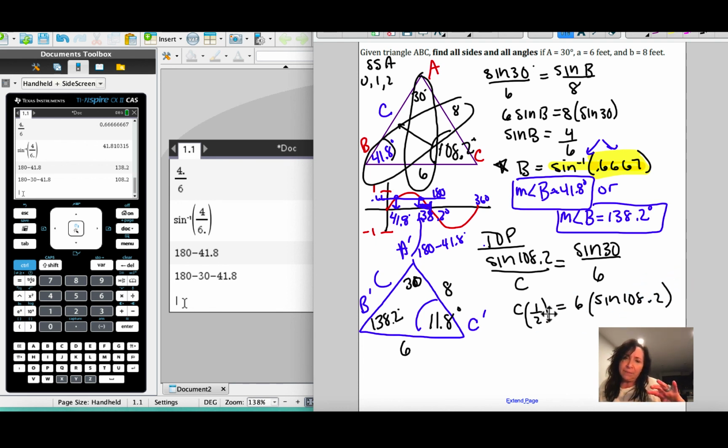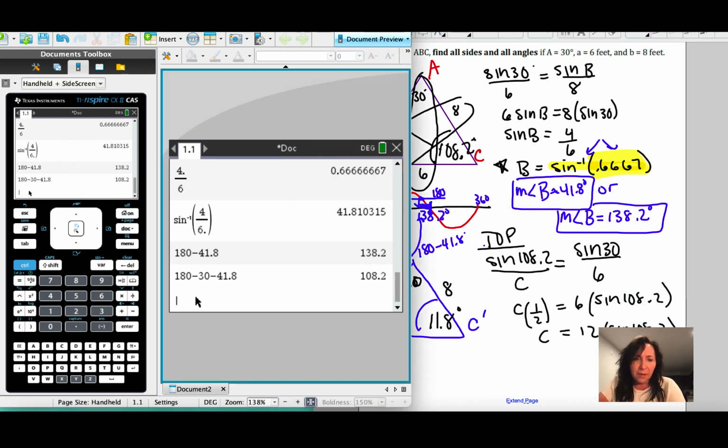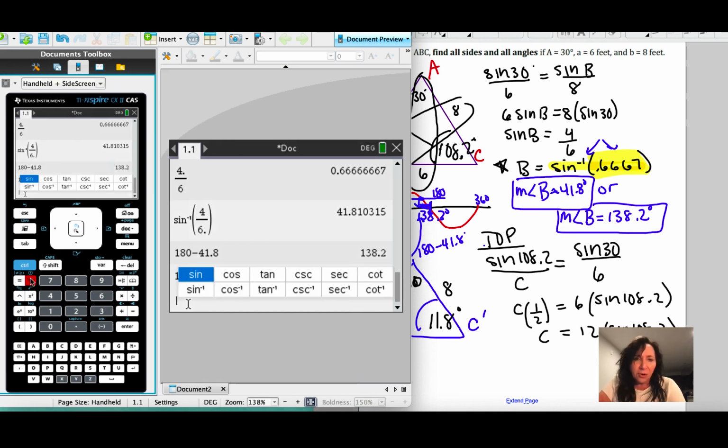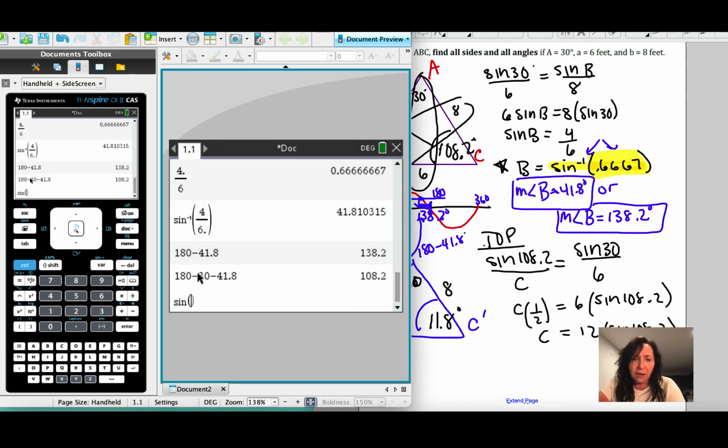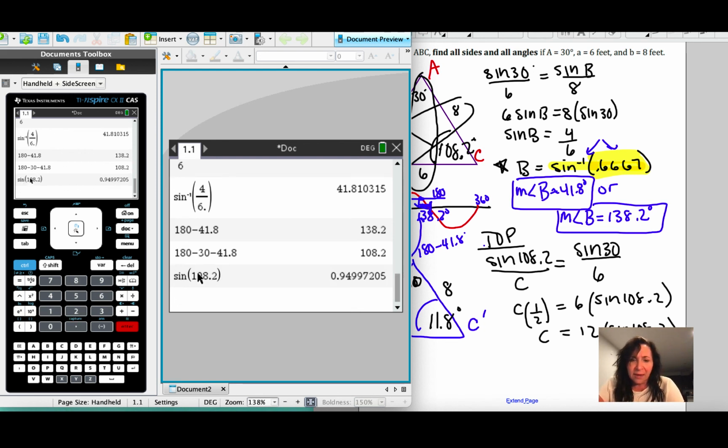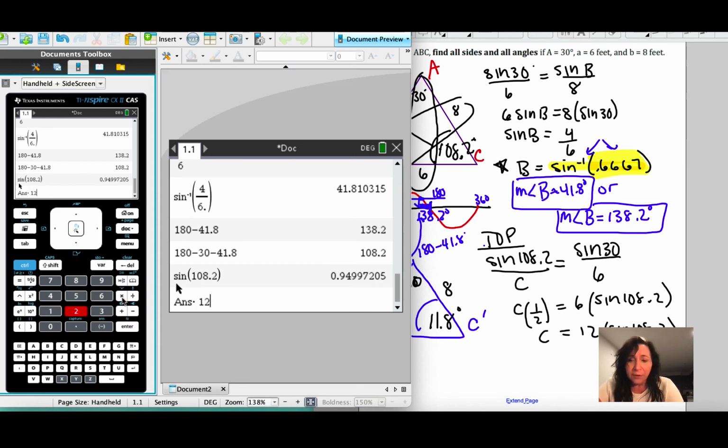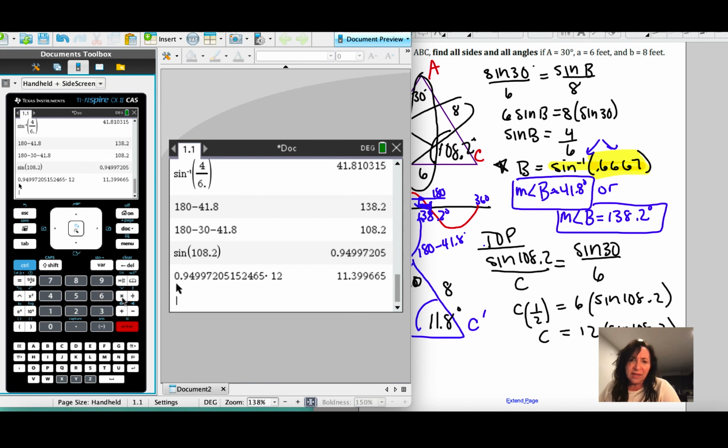And multiply by the reciprocal. So c is going to equal 2 times 6, which is 12, times whatever sine of 108.2 is. So I'm going to go sine of 108.2 gives me that, and I'm going to multiply that times 12, and I get c is 11.4.